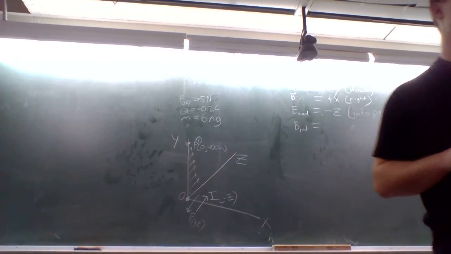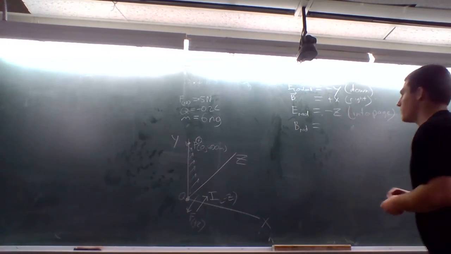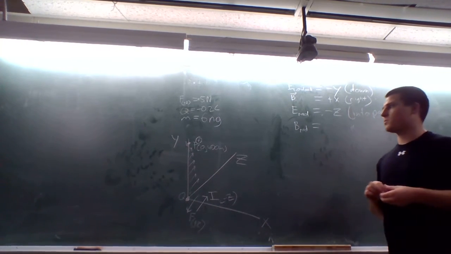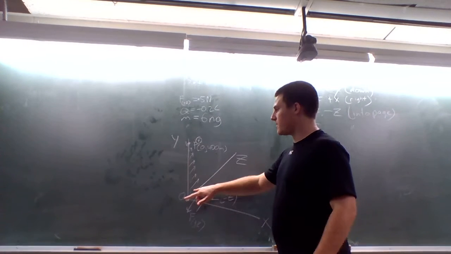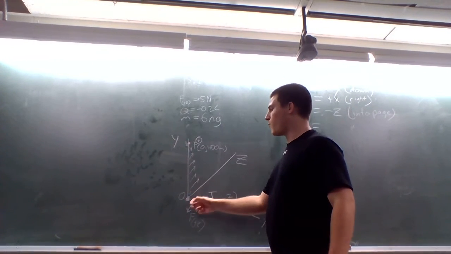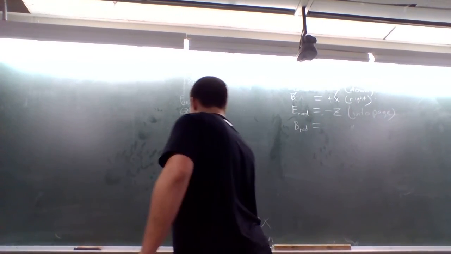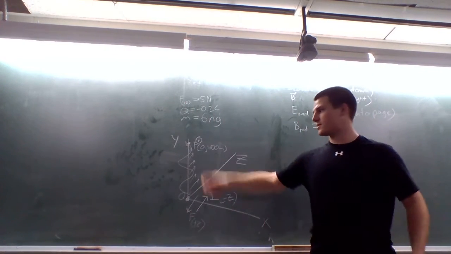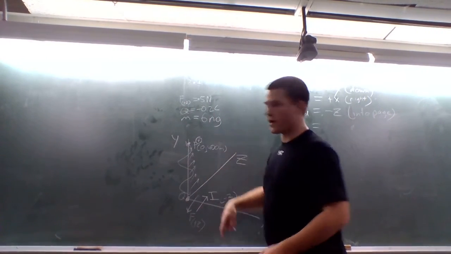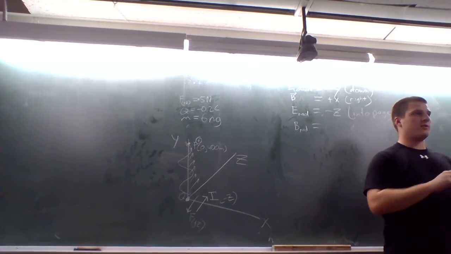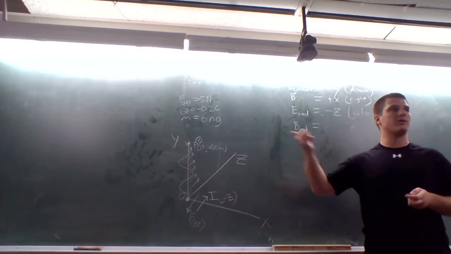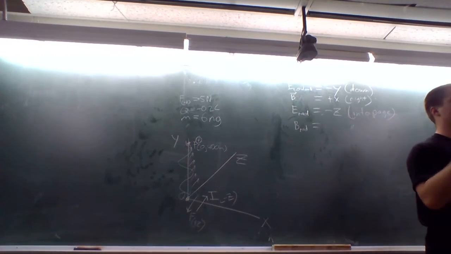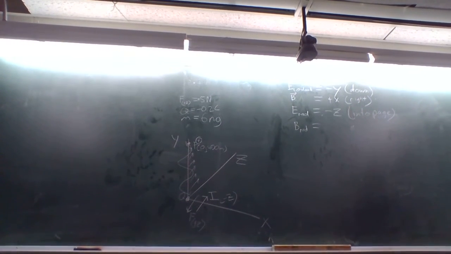And then at the point P, the last thing is the B radiation field. Since this is denoting that a wave is propagating in this direction, you can think of it as a wave propagating in this direction. With that direction of propagation, it has an electric and magnetic field that will be going in perpendicular directions.